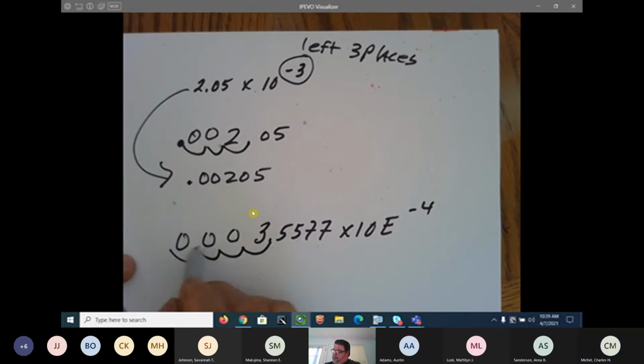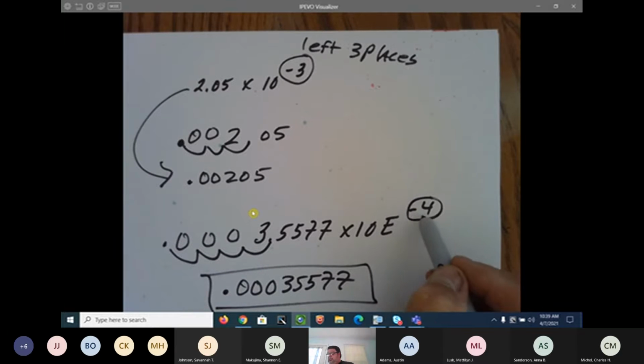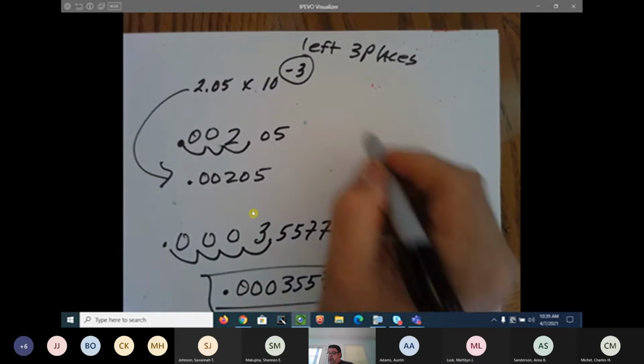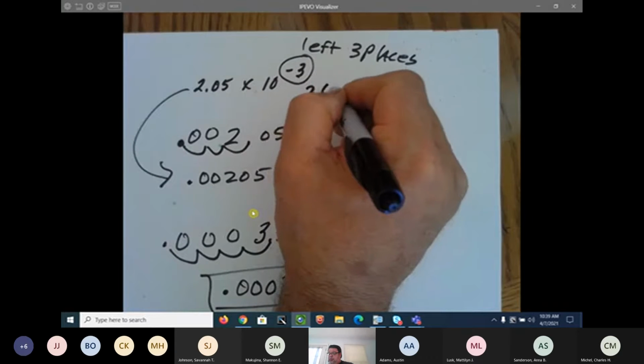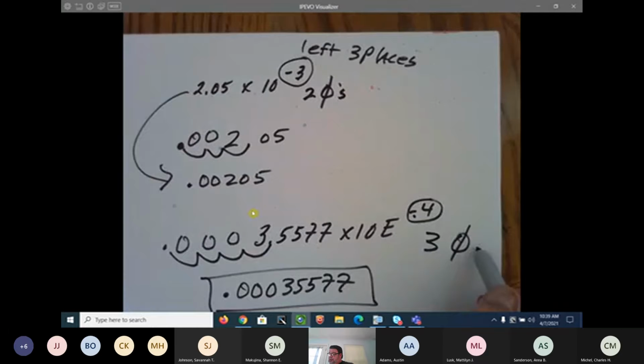So your answer is 0.00035577. Okay, sweet. Just remember, whatever this number is, if it's negative, you're going to add 2 zeros here, you're going to add 3 zeros here. And that's what I did. 1, 2, 3. All right, so however you want to do it. And you should remember that from algebra.